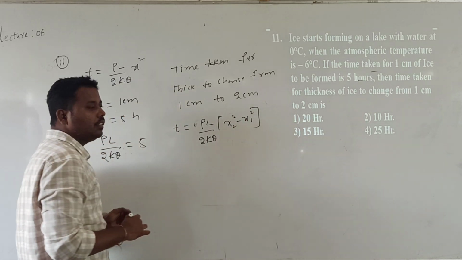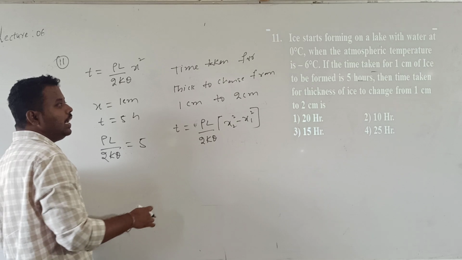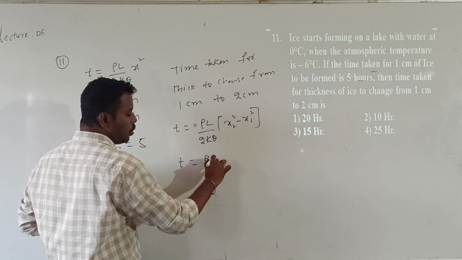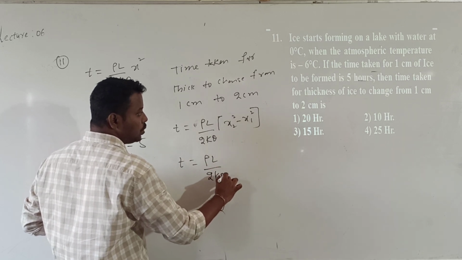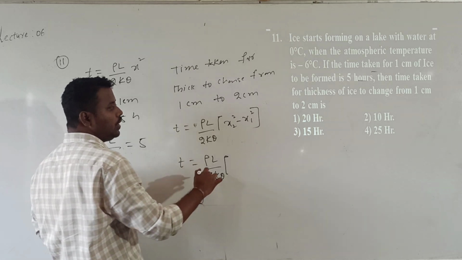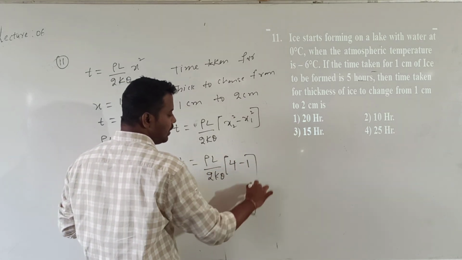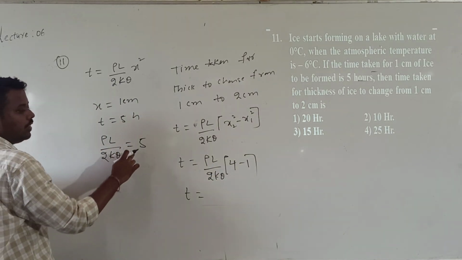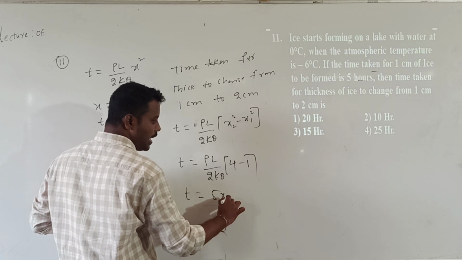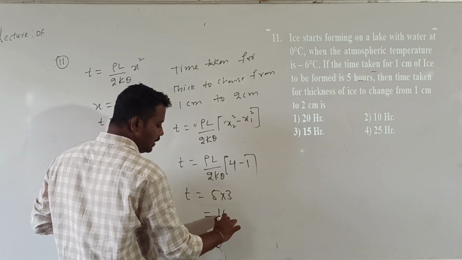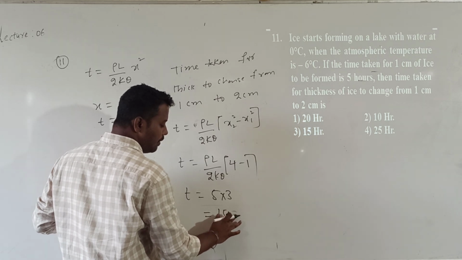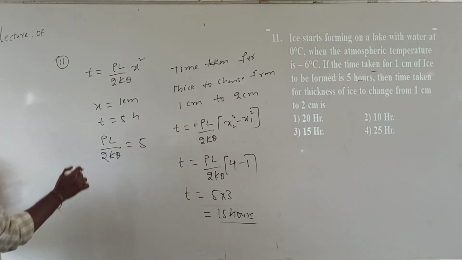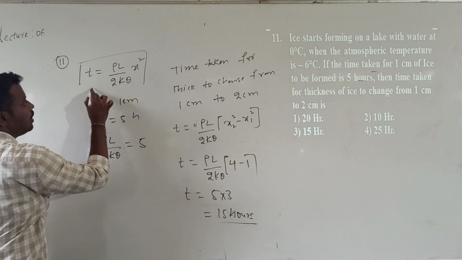Can you remember? So x2 value is 2, x1 value is 1. So the answer is rho into L by 2 into K into theta, whose value is 5, into x square value, which is 4 minus 1. So 5 into 3, that is 15 hours. Understood? 15 hours. You only need to remember this one formula.